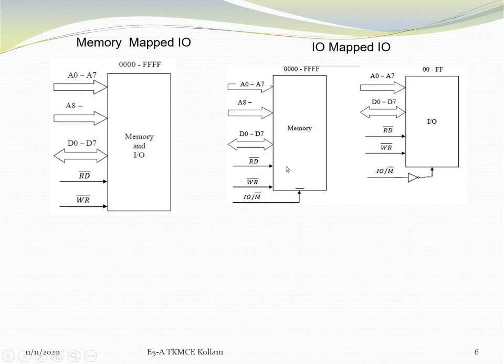So it is to be noted that in the memory mapped I/O scheme, the IO/M bar signal is not required, but in the I/O mapped I/O scheme, in order to select an I/O port, it is essential to make the IO/M bar signal active high. That is, the IO/M bar signal is essential in the I/O mapped I/O scheme.